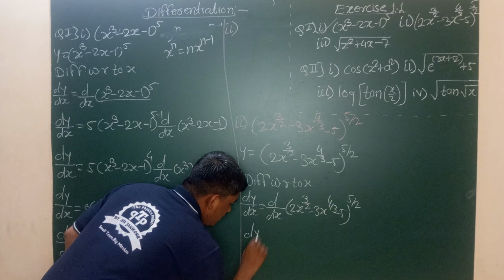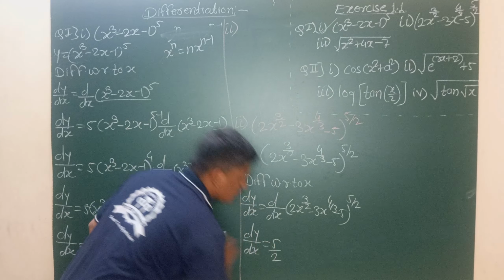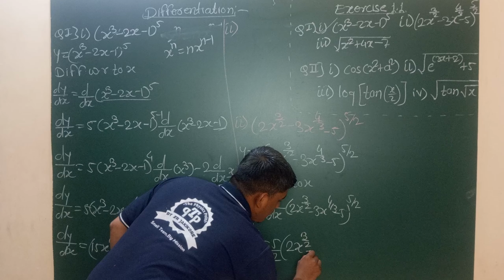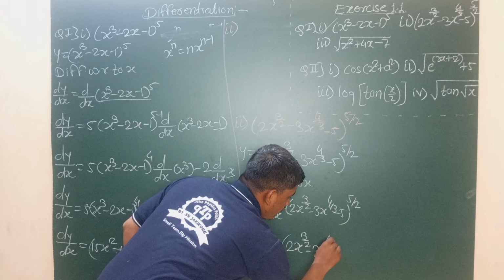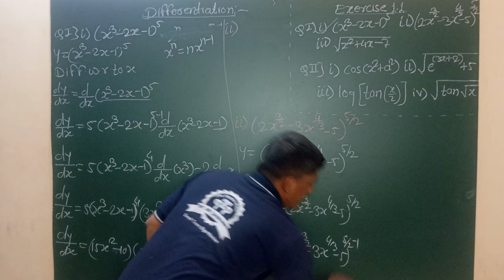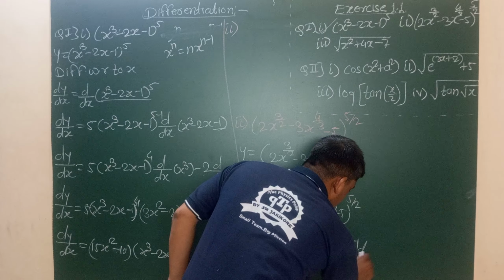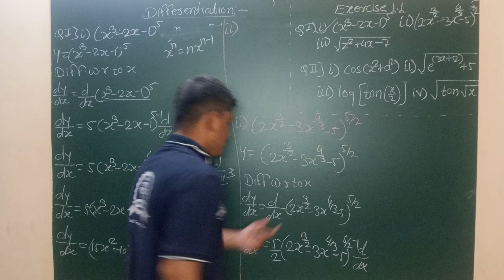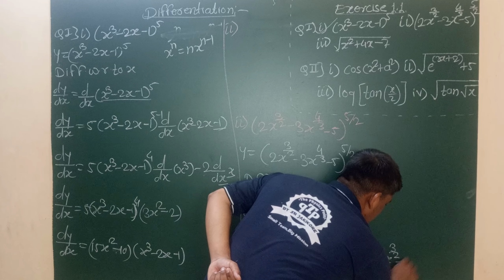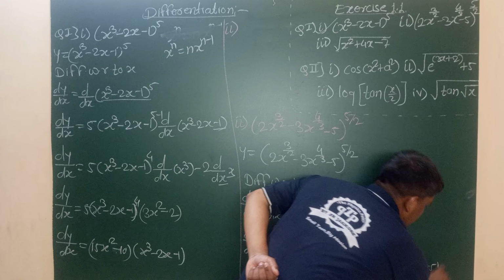Now dy by dx is 5 by 2 into (2x raised to 3 by 2 minus 3x raised to 4 by 3 minus 5) raised to 5 by 2 minus 1, and again we separately differentiate the function, that is d by dx of 2x raised to 3 by 2 minus 3x raised to 4 by 3 minus 5.